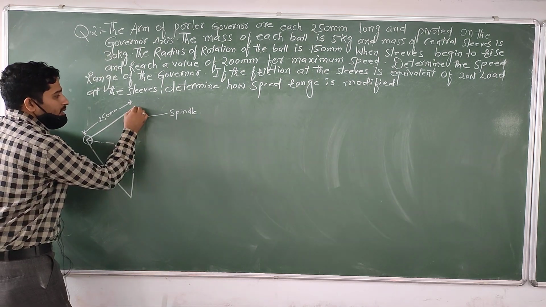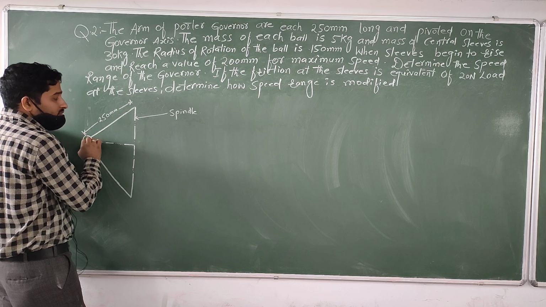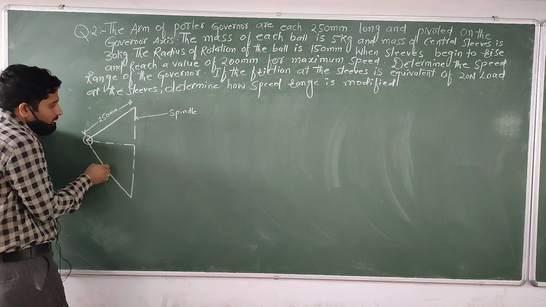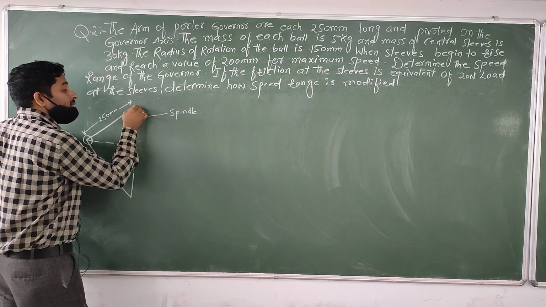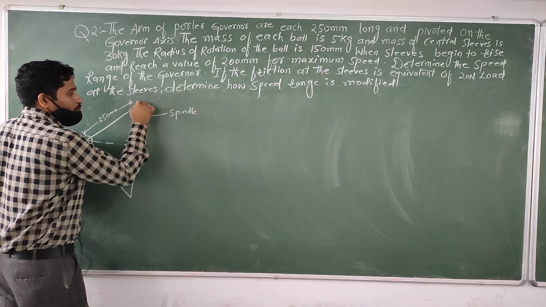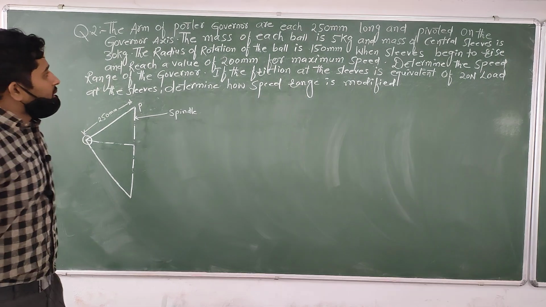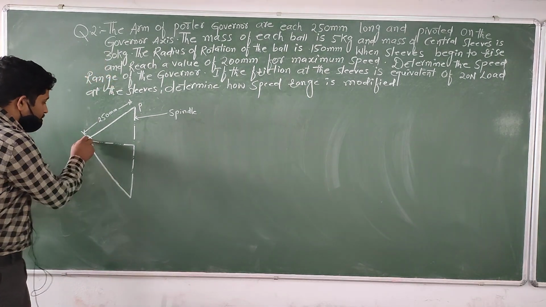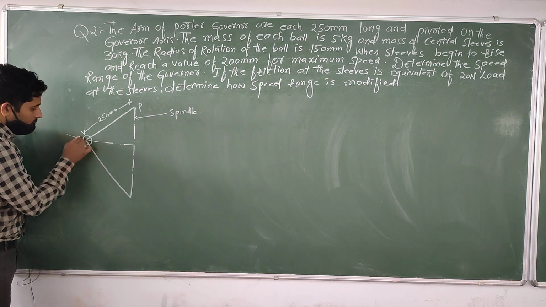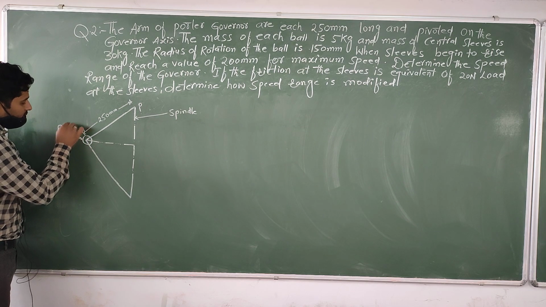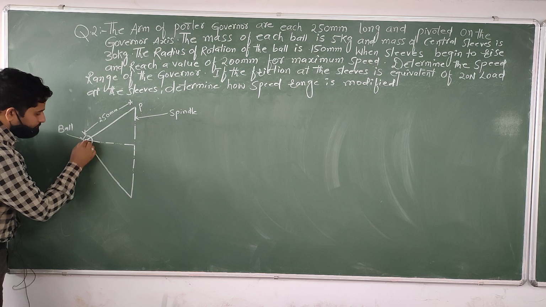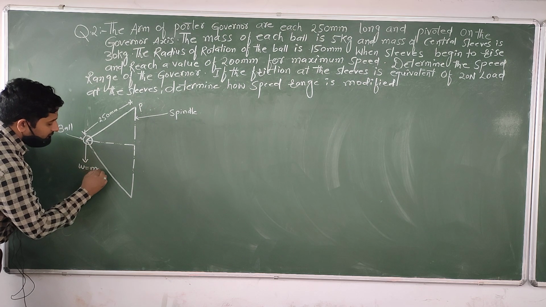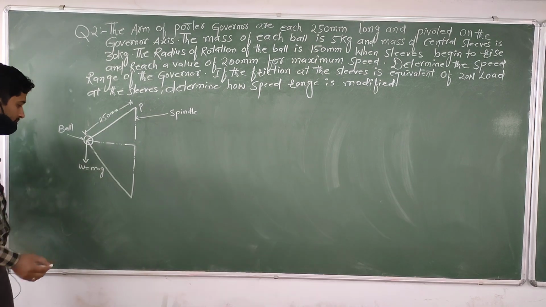So here this ball is fixed in between the upper arm and the lower arm, and it is pivoted at a point P. The mass of each ball is 5 kg. The mass of this ball, how much is given? 5 kg. So weight equals mass into gravity, we know very well.